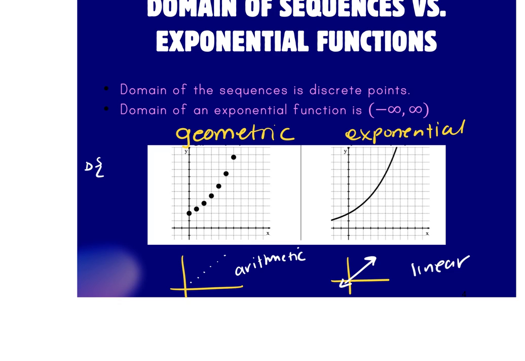Actually, it starts at 0, sorry. 0, 1, 2, 3, 4, 5, 6. Whereas the domain of my exponential function, where it's cut off, so I assume those are arrows, would be all real numbers.